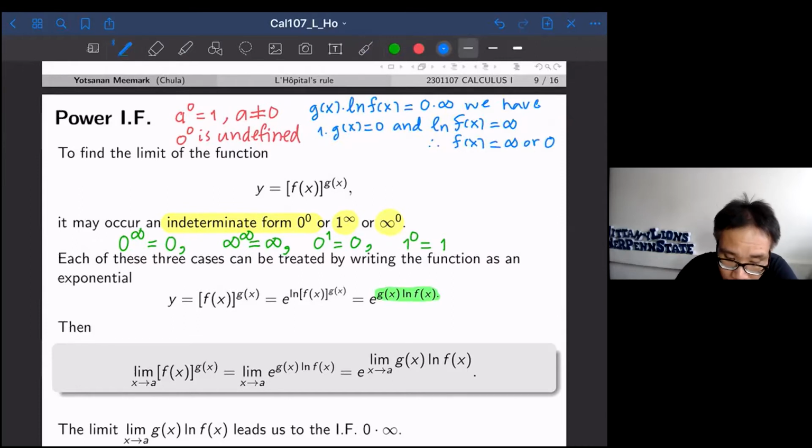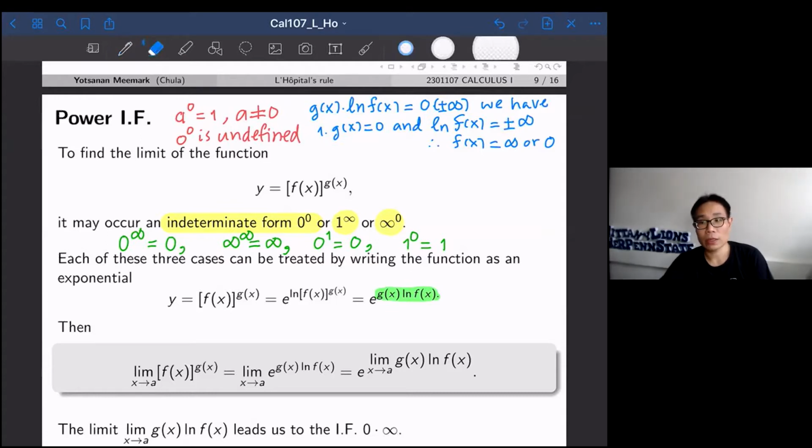Let me make this clearer. This is going to turn out to be 0 times plus or minus infinity, to be exact. You have log of this, and you're going to have two cases. The first one gives you infinity, the second one turns out to be 0.